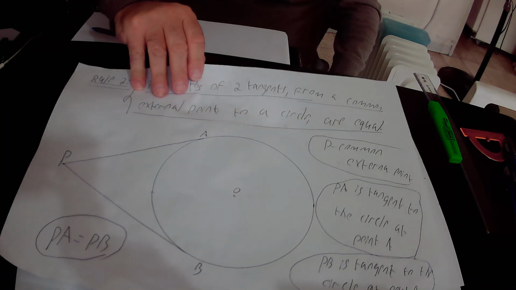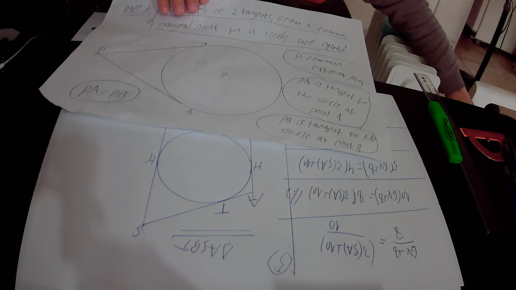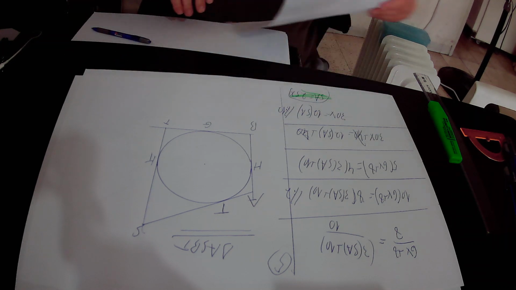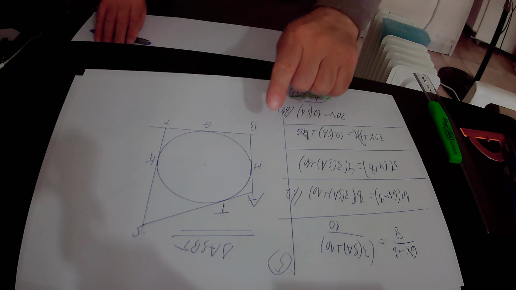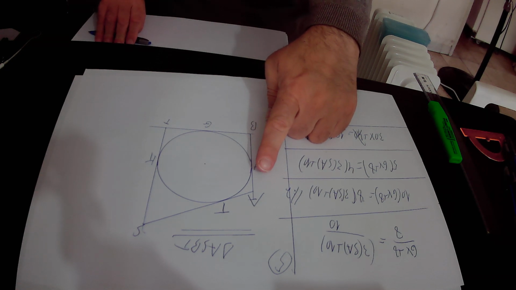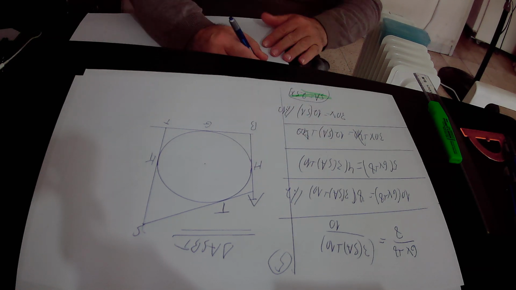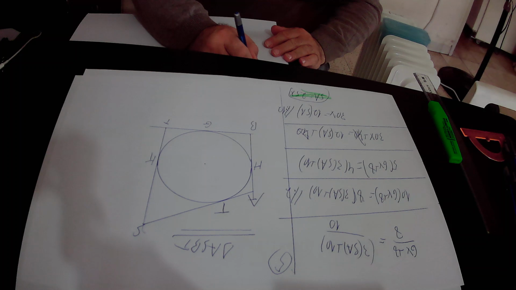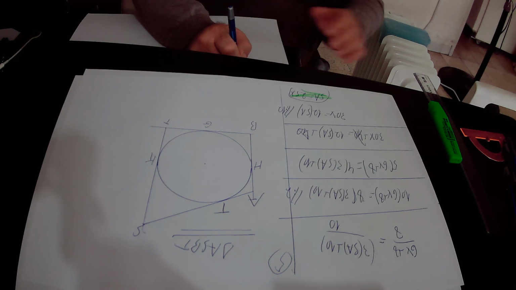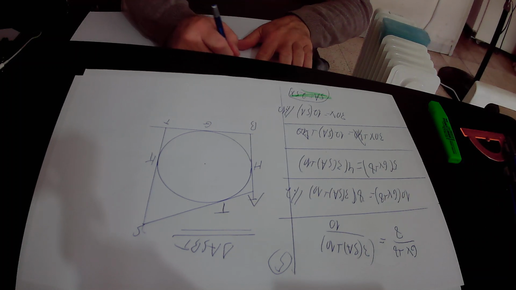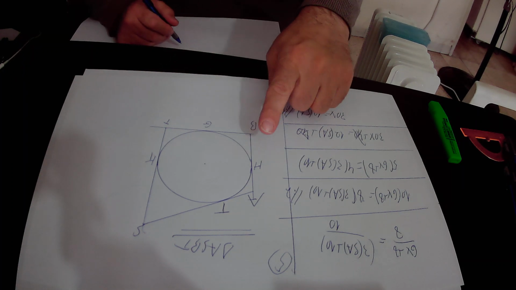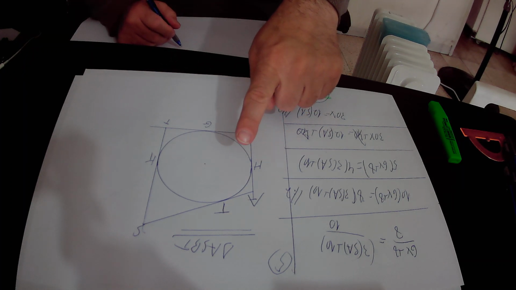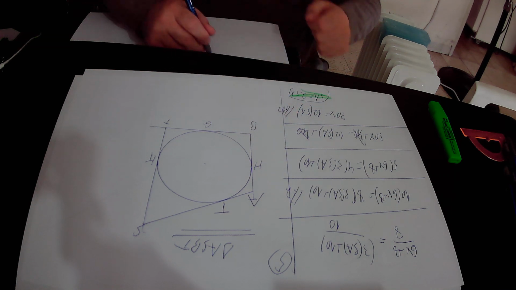We can actually implement rule 2 in our drawing. Why? Because if we focus on the common standpoint point A, from point A we have two tangents to this circle, tangent AT and tangent AH.